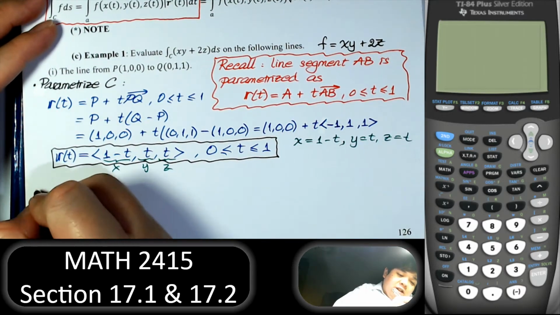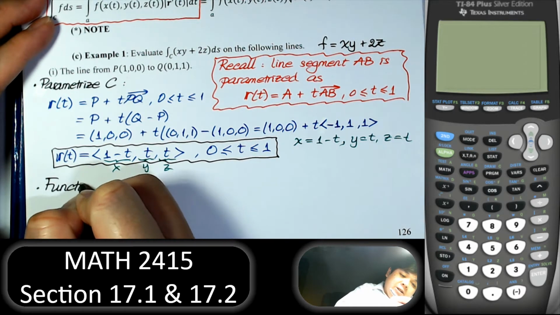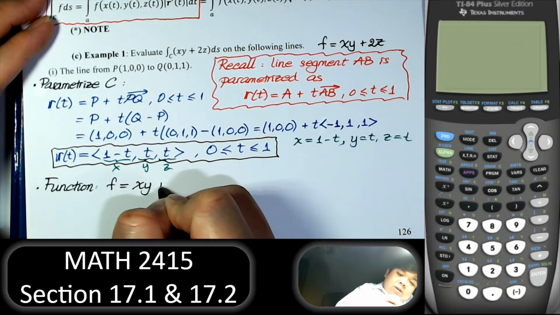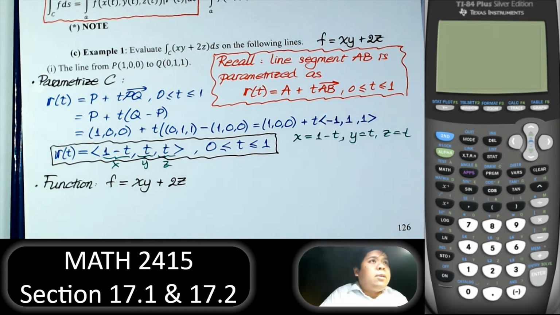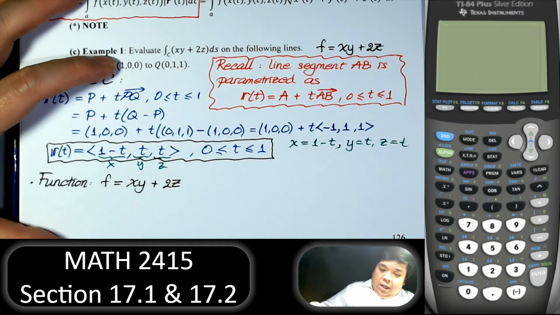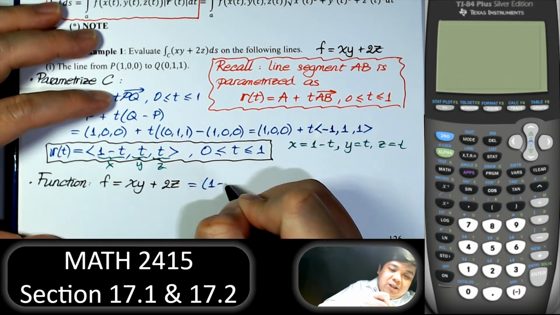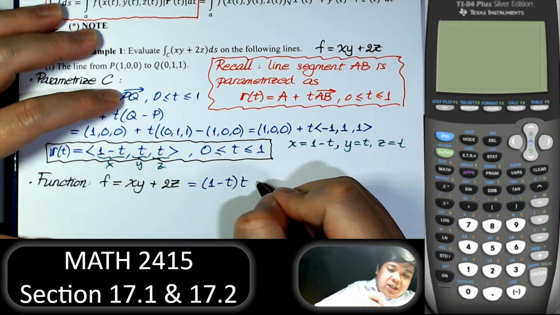Next, the function is xy plus 2z. So x is 1 minus t, y is t, and z is also t.